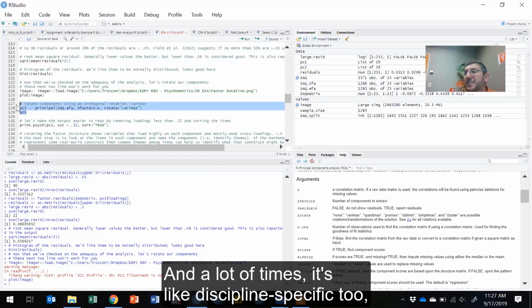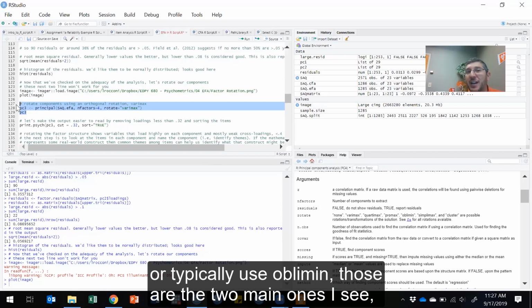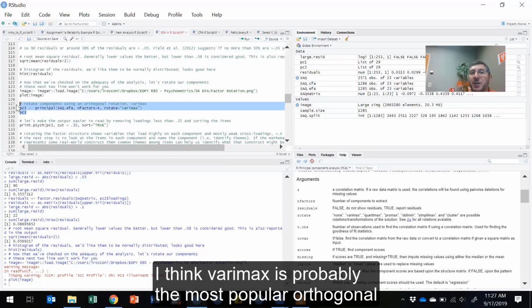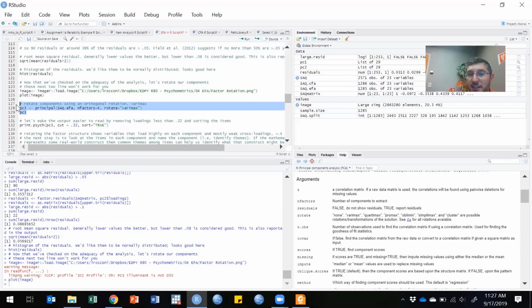And a lot of times it's discipline specific too. A lot of people typically use Varimax or typically use Oblimin. Those are the 2 main ones I see. I think Varimax is probably the most popular orthogonal, and Oblimin is probably the most common oblique rotation.